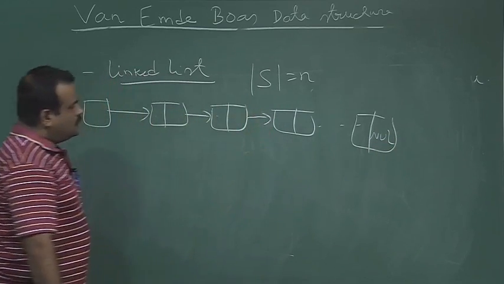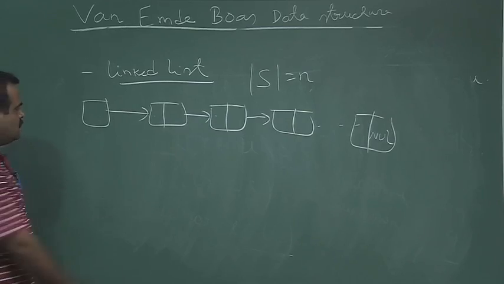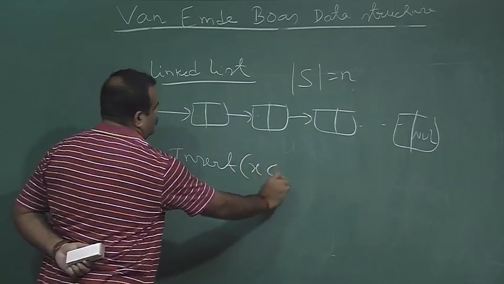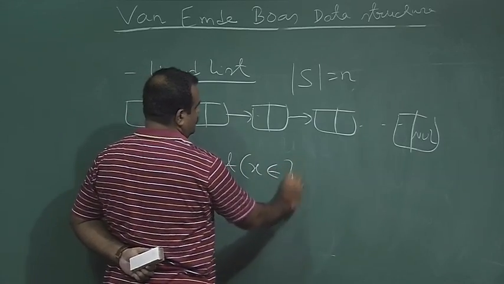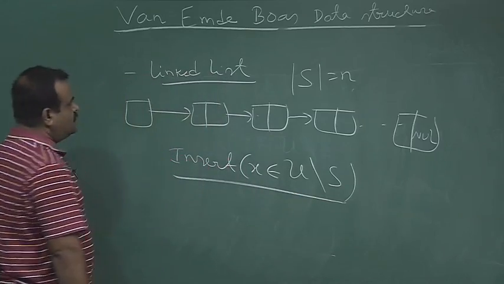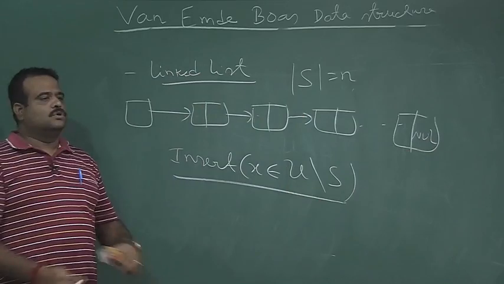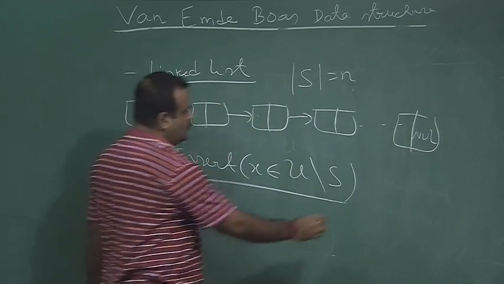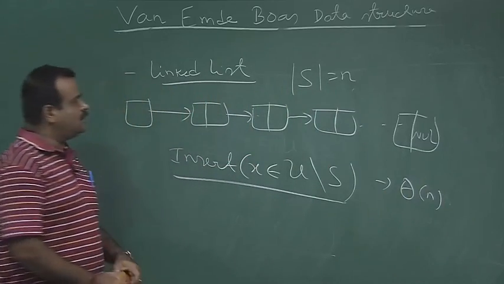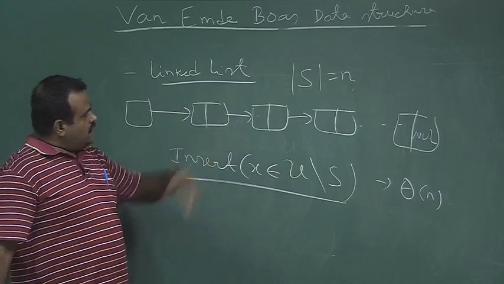Now if we use a linked list, what is the time for insert? If you want to insert an element x which is not in S, insert will take linear time. For delete also, if it is not sorted, we need to find the element, so that is also linear time.